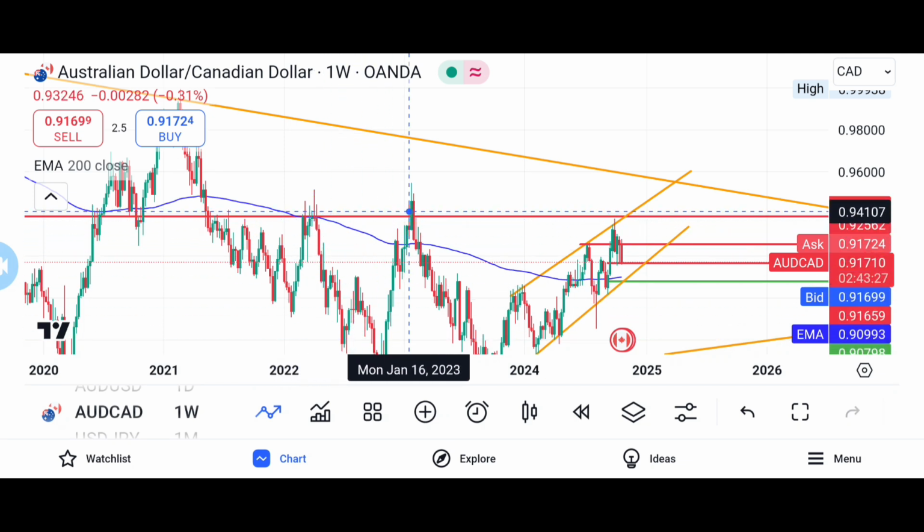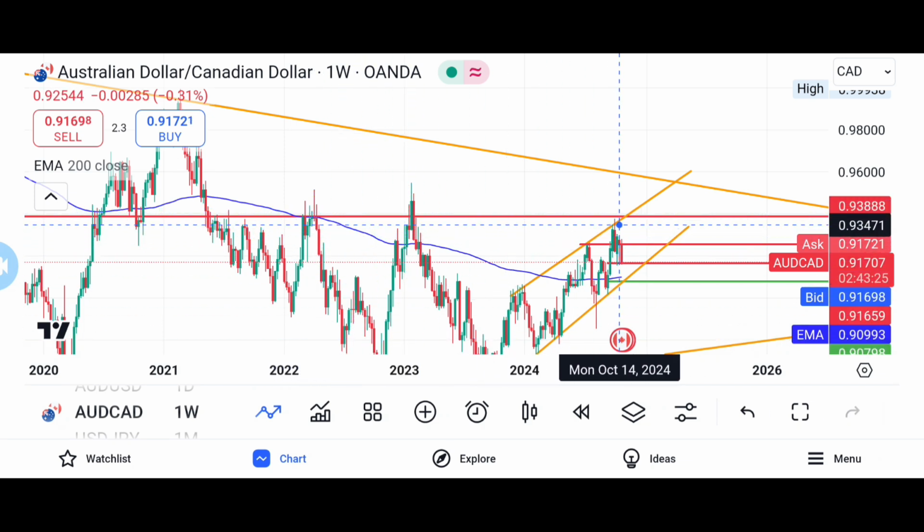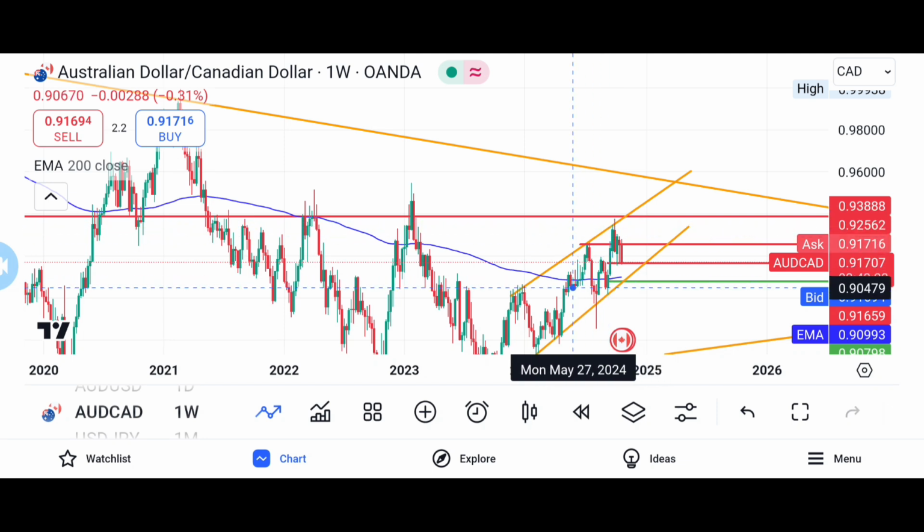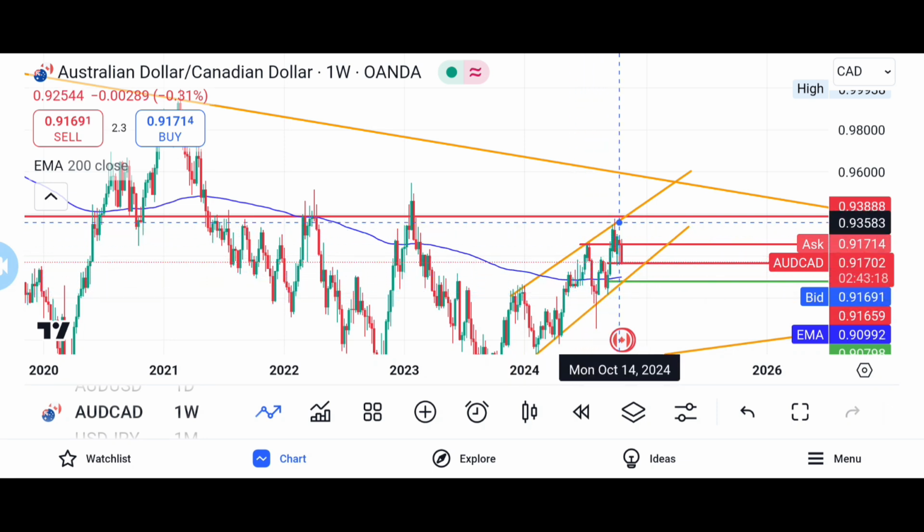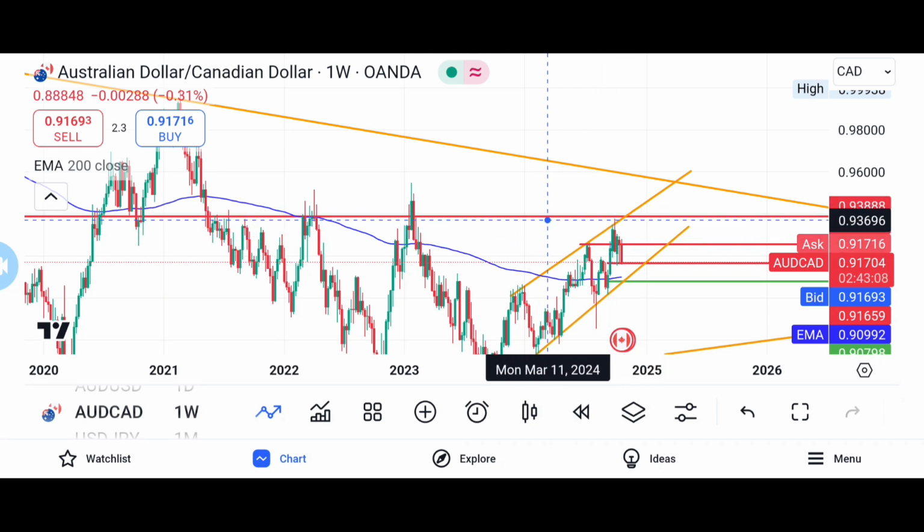Same here, okay? And again here where we are right now, you can see the bullish were taking control, but the moment they reached our zone, the red line zone, the bears or the sellers are now taking control. So the red line is our resistance.